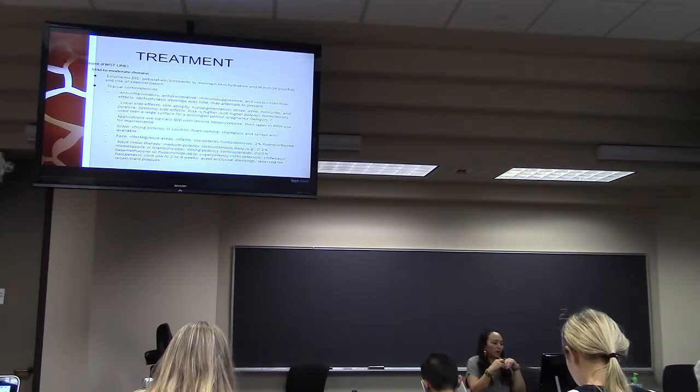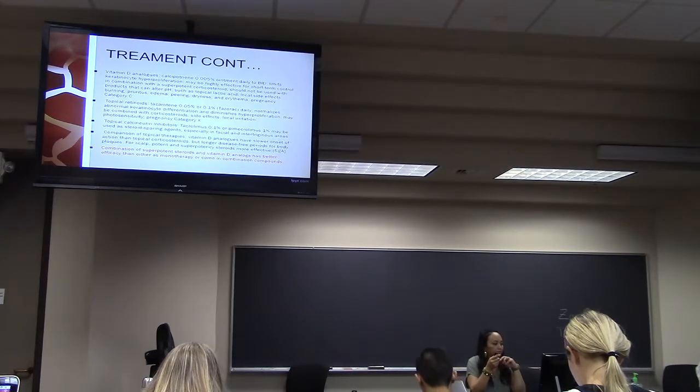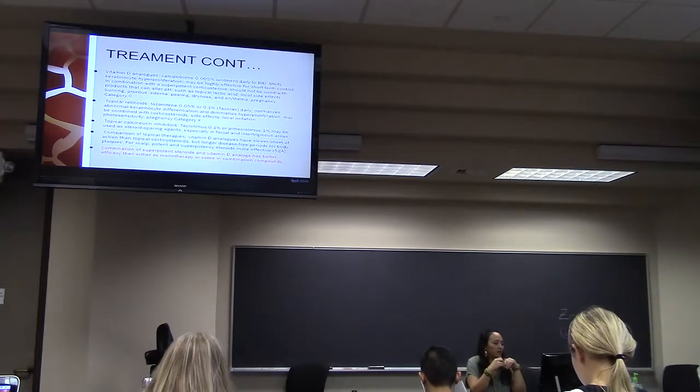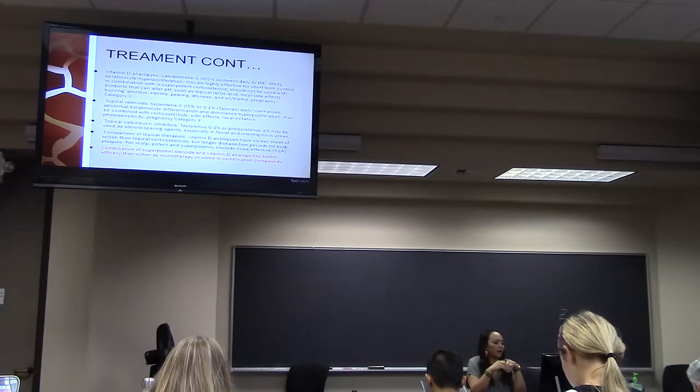You can also do clobetasol, and you don't want to occlude these with steroids. If you have put steroid on something, you don't want to wrap it. You don't want to suffocate it in there. And then you can use vitamin D analogs, topical retinoids, which she'll probably talk to you about, like Tazarac is a common topical retinoid that you can use.